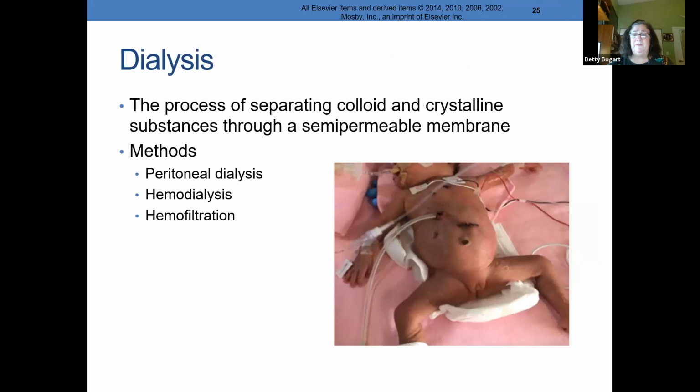Now, types of dialysis. This tube in this child's abdomen is a peritoneal dialysis catheter. This is the dialysis of choice in your small children. You cannot put a small child on hemodialysis.